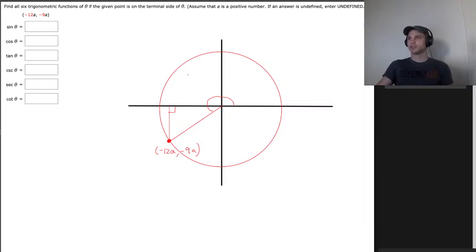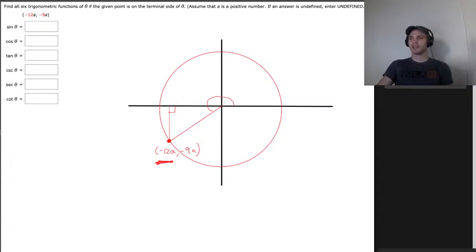The sine of this angle is going to be the opposite over the hypotenuse. So let's look at this. This is the x coordinate.